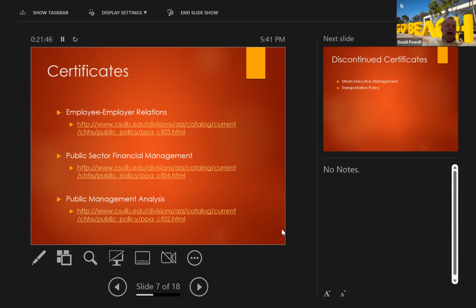The public sector financial management certificate has very few students in it. The last time I checked for accreditation, I think we had one or two students in that certificate. It's a more difficult certificate to service because we leverage college of business courses, management courses and information systems courses.